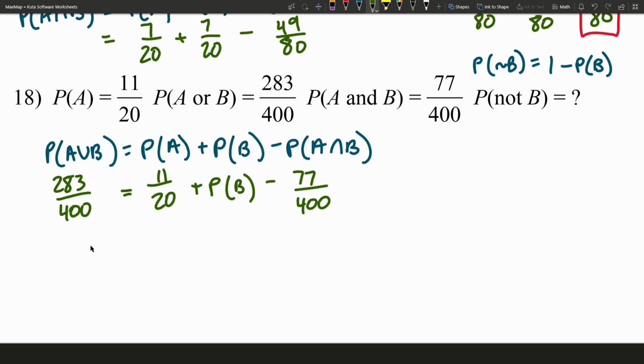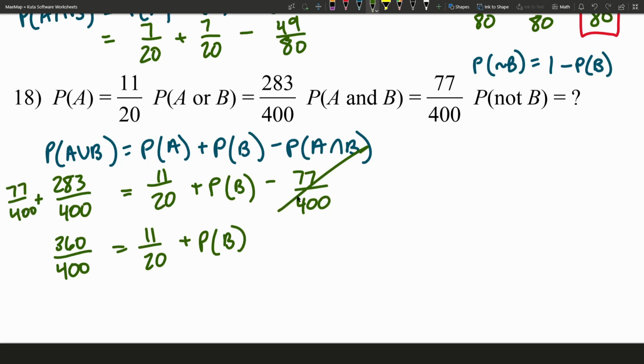So adding 77/400 to the other side, 283 plus 77, well, that's going to be 360. So I'm going to have 360 out of 400 equal to 11/20 plus the probability of B. And again, that was after I added 77 over 400 to both sides.